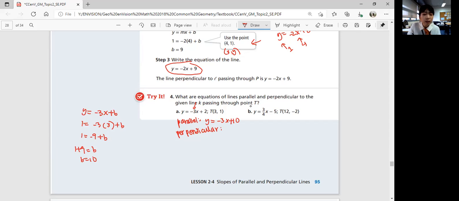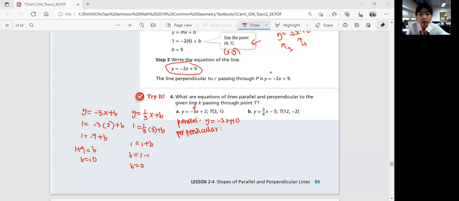Same thing for the perpendicular line, except your slope is not going to be negative 3. What is it going to be? What's the opposite reciprocal of negative 3? Positive 1 over 3. Yes, so do the same thing with a different slope. Okay, plug in the numbers again.